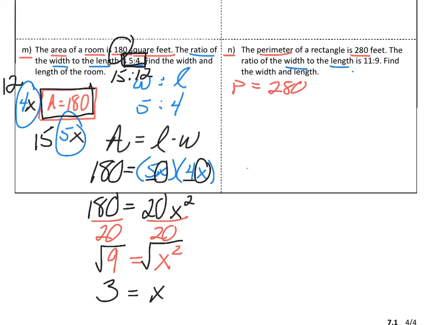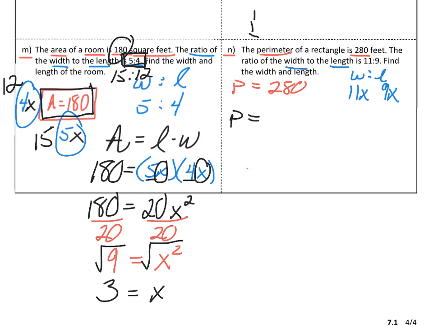Remember, my ratio is width to length, 11 to 9. So, once again, remember that it's a multiple of 11 and it's a multiple of 9. I'm just not sure what I'm multiplying both those terms by. So, the one thing you're going to have to remember is how to calculate perimeter.